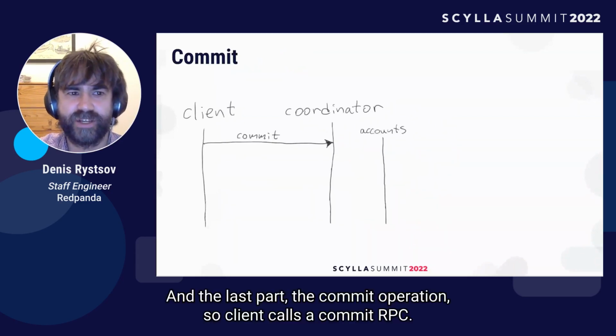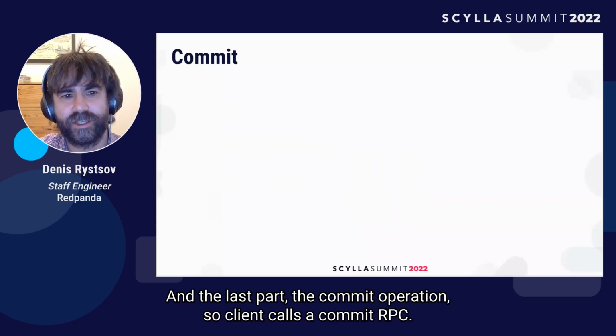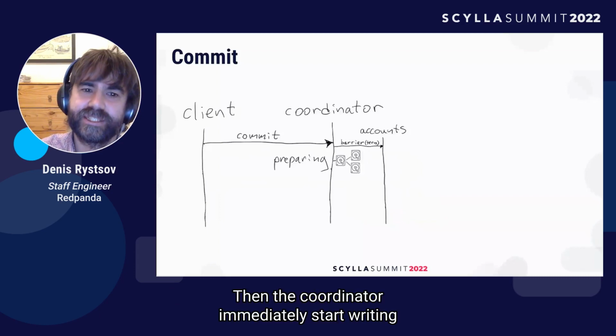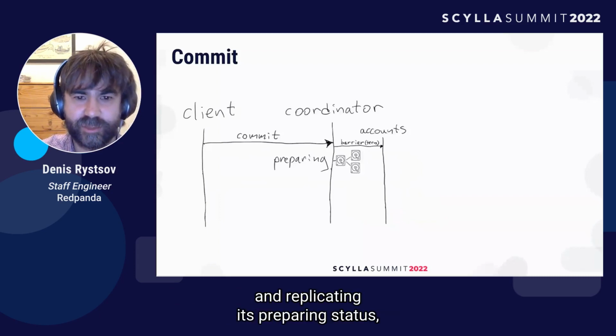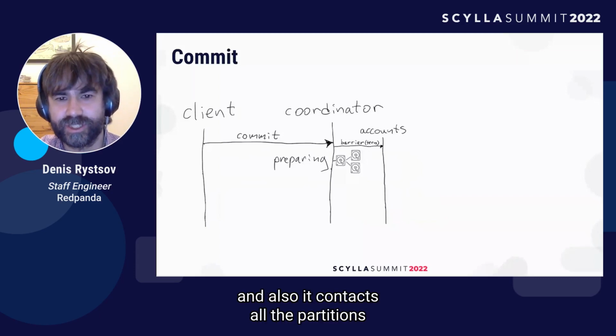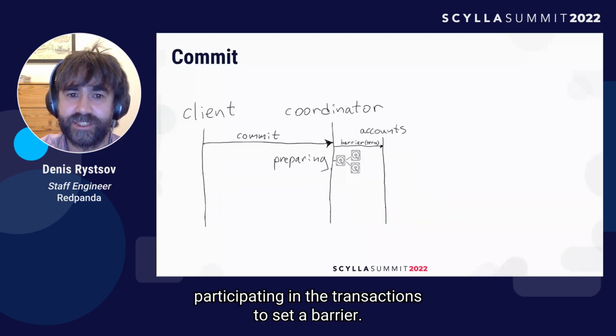And the last part, the commit operation. So the client calls the commit RPC, then the coordinator immediately starts writing and replicating the preparing status, and also it contacts all the partitions participating in the transaction to set a barrier.